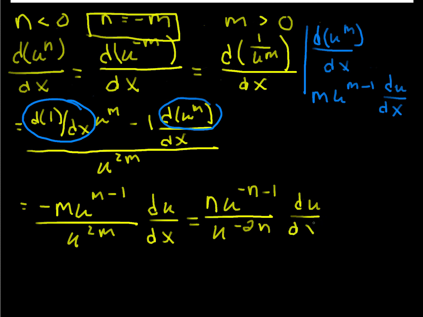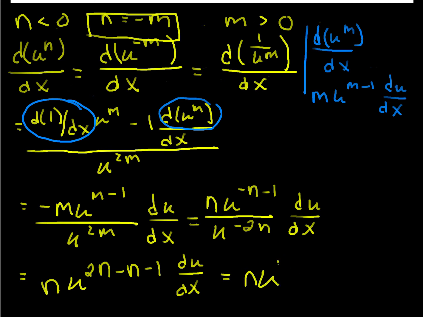And doing a little bit of algebra to clean this up, this is equal to n times u to the 2n minus n minus 1 du dx, which is equal to our familiar n u to the n minus 1 du dx.